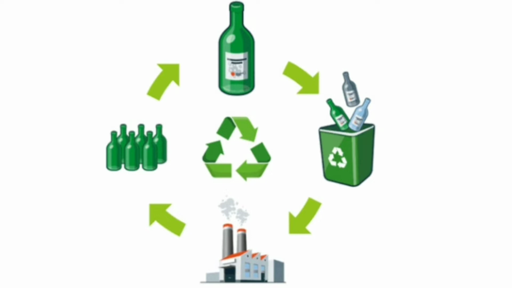Finally, it is ready to use. That means the cullet is then transported to the glass making factories and mixed with sand, soda ash, and limestone. It is heated at a very high temperature and melted into liquid glass. This liquid is then poured into molds, which give the glass its proper shape.